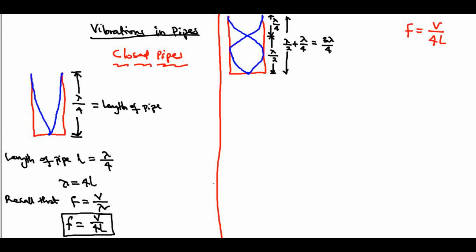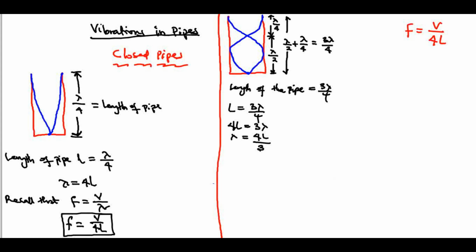So we have 3 lambda over 4. Therefore, the length of this pipe will be equal to 3 lambda over 4. So we are saying that L is equal to 3 lambda over 4. That is to say that 4L is equal to 3 lambda, and lambda is equal to 4L divided by 3.